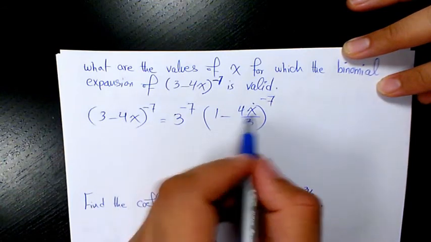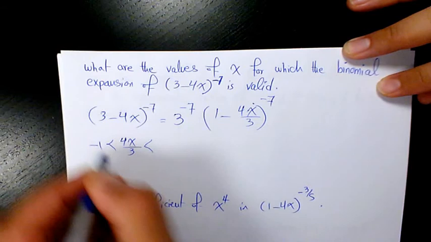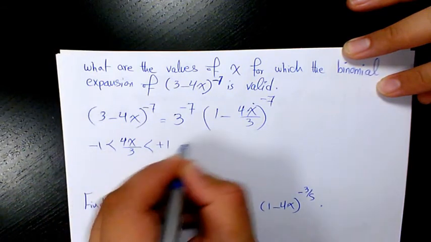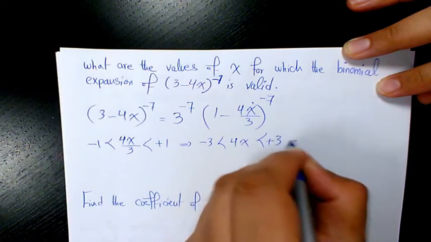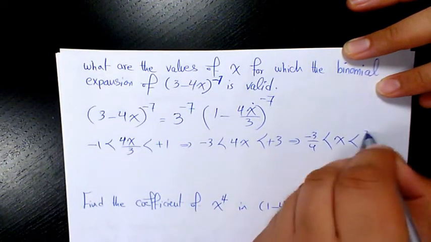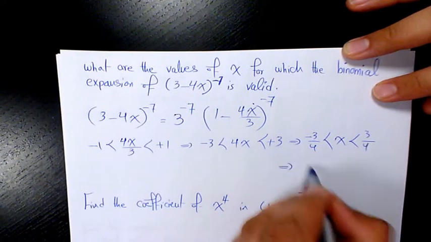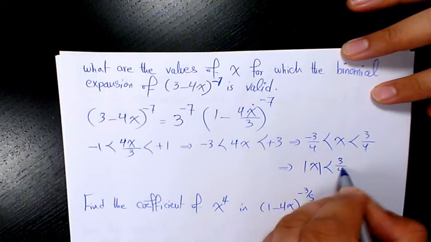So 4x over 3 has to be between negative 1 and positive 1. It means that 4x is between negative 3 and positive 3. It means that x is between negative 3 over 4 and 3 over 4. Or we can say the absolute value of x is less than 3 over 4.